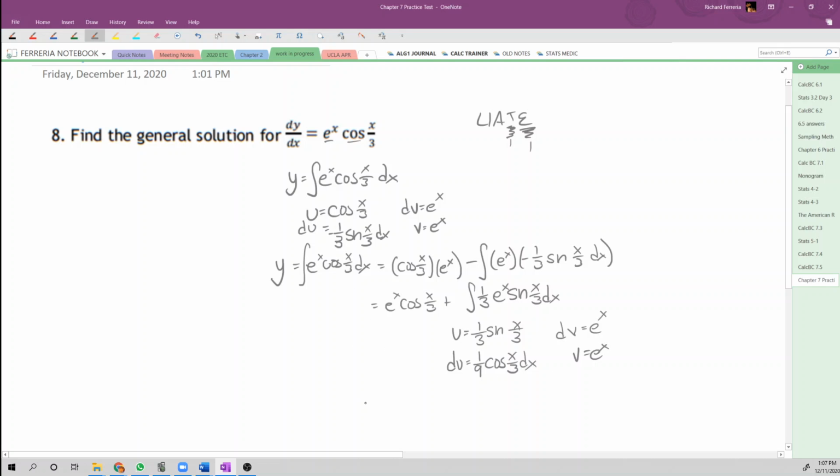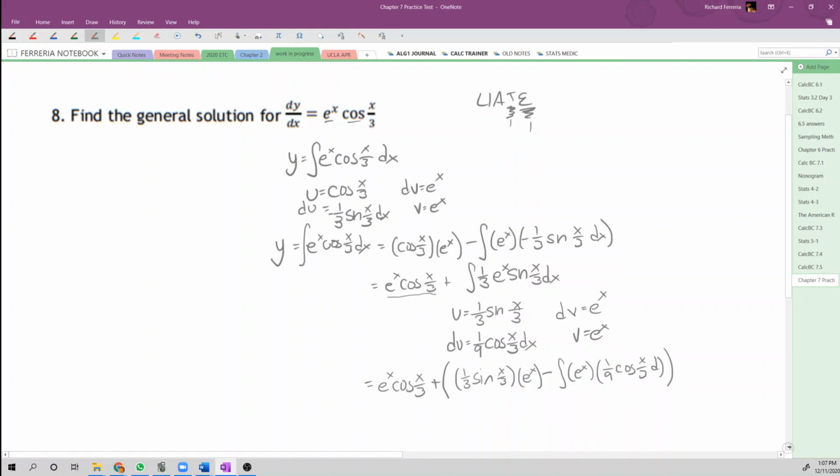So we'll put all of that together again. Don't forget about this first term, e^x cosine of x over 3, plus, and now we're going to put this in parentheses and assemble. We've got 1/3 sine of x over 3 multiplied by e^x, that's uv, minus the integral of v, e^x, multiplied by du, 1/9 cosine of x over 3 dx.